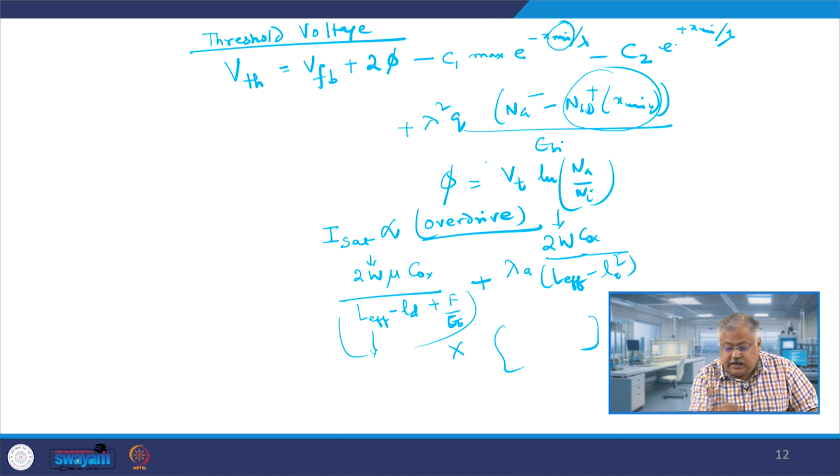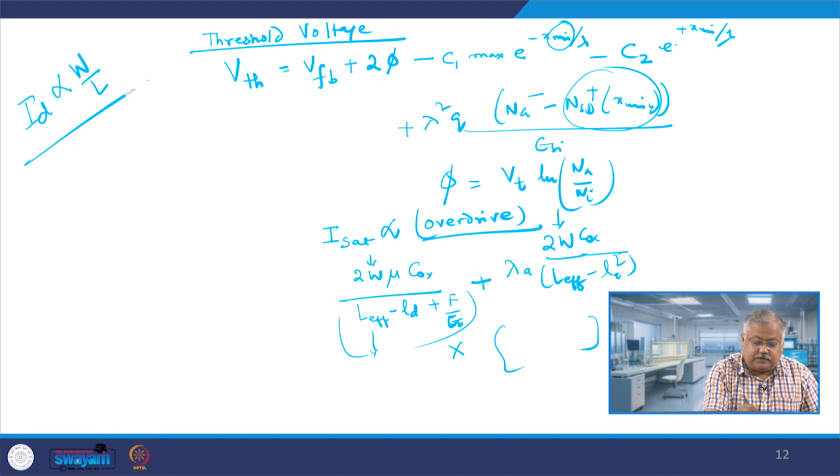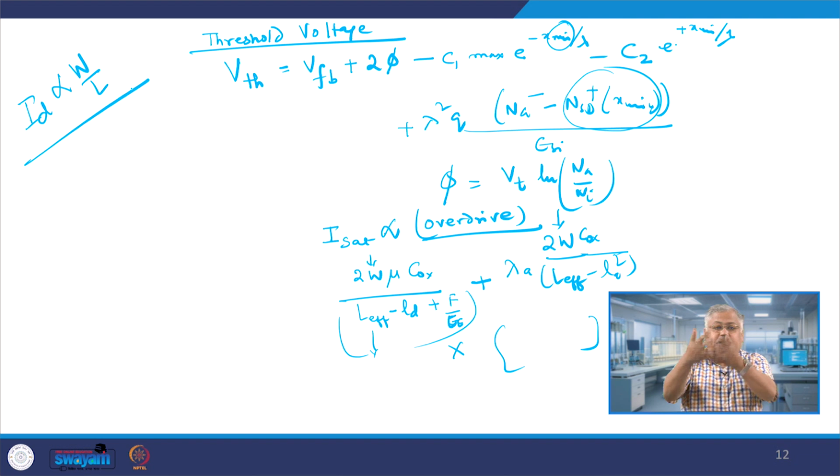So basically in a double gate MOSFET, the drain current is still proportional to W by L, the aspect ratio. So higher the aspect ratio in a double gate MOSFET, more will be the current flowing through the device. It is also directly proportional to the value of mu, the mobility of the charge carriers, and gives you an effective value of the total current flowing through the device.